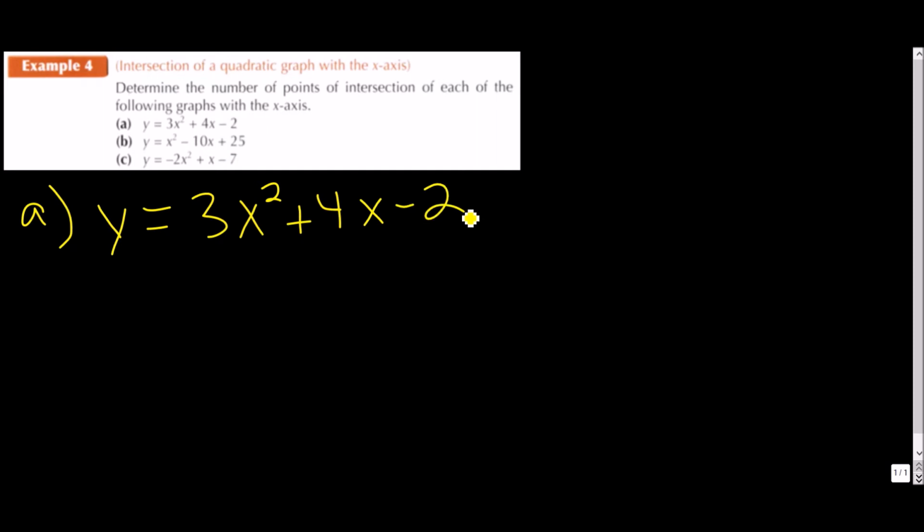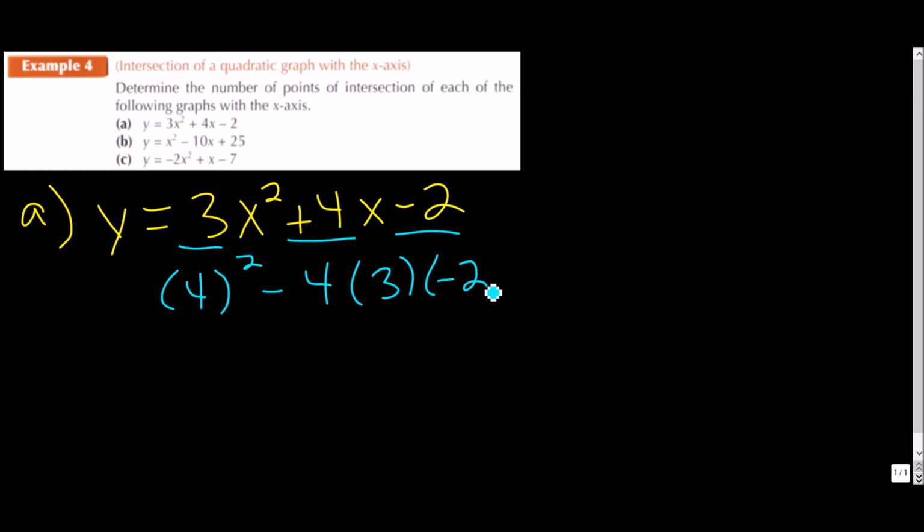And so from this we can build our discriminant, which is based on A, B, and C. So we are using 4 squared, which is B squared, minus 4 times A, which is 3, times negative 2. And that is going to equal 16 plus 24.